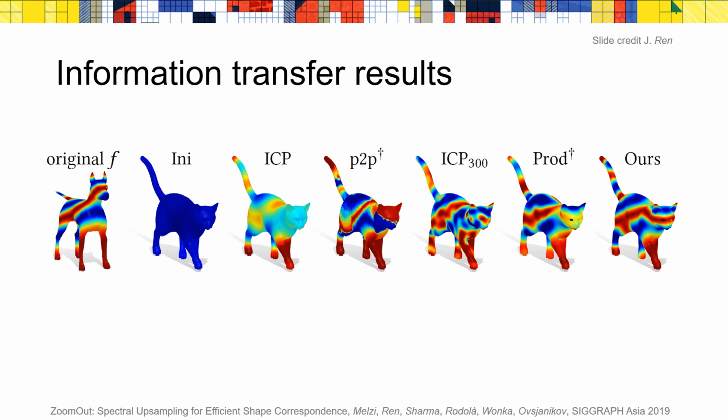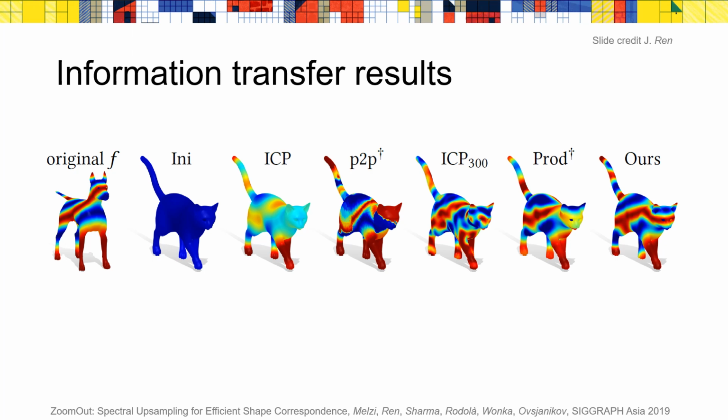And we can convert this functional map, obtained applying ICP, to a point-to-point map, and you can see the not smooth transfer that is obtained by the conversion to a point-to-point map. Then we can compute ICP, starting from the same function, but using more eigenfunctions. So instead of 30, I used 300 eigenfunctions, and you can see that some additional details are recovered but the function is not well transferred.